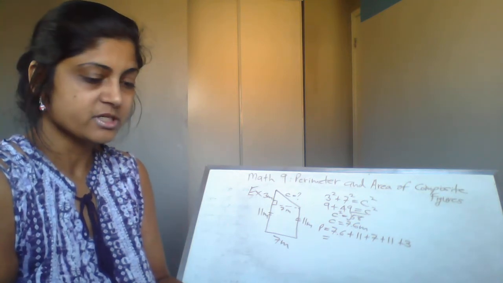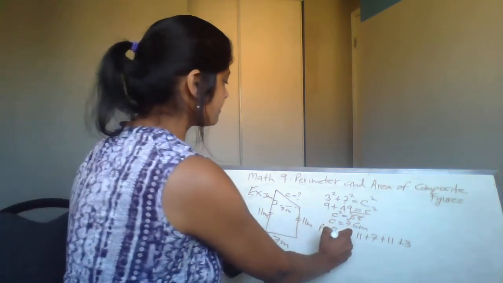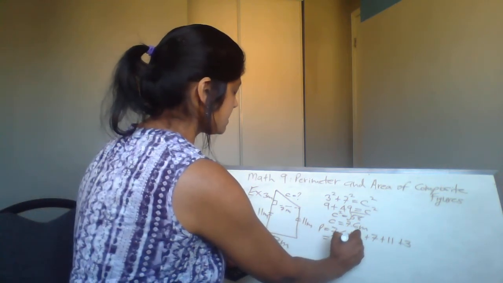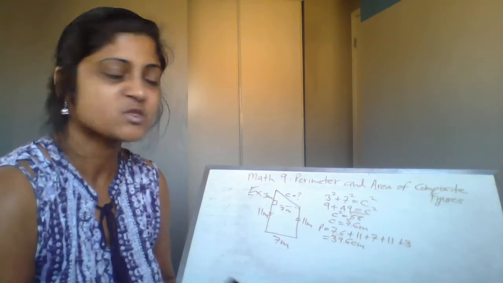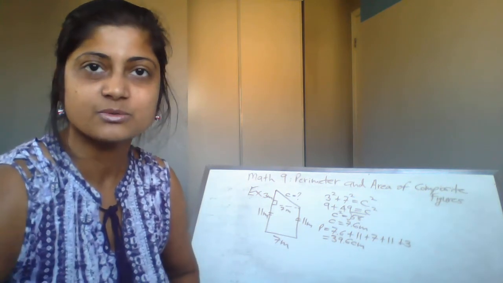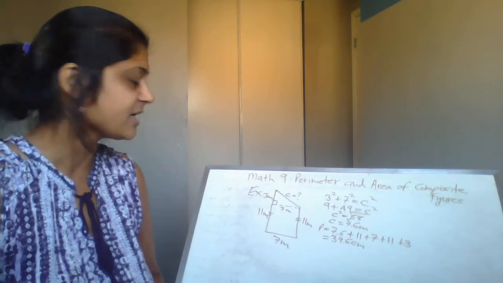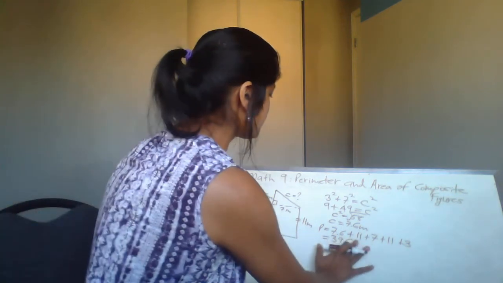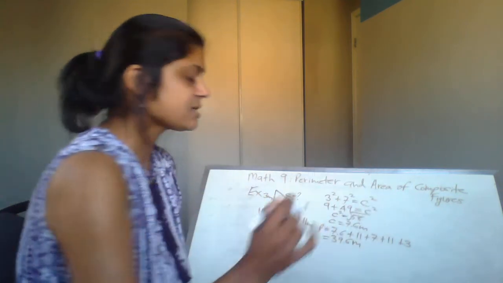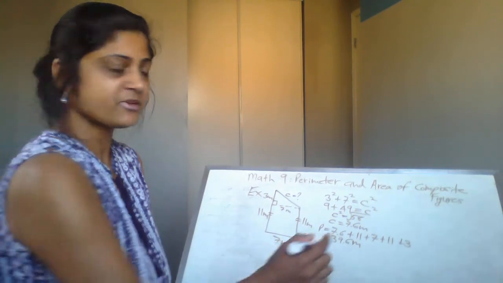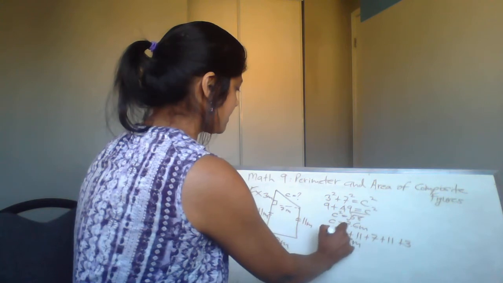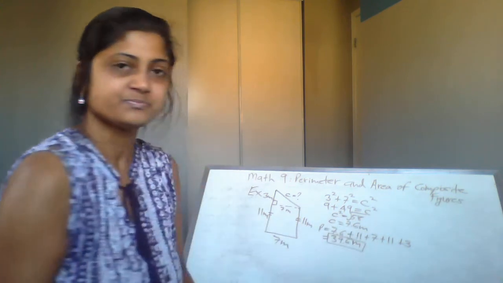So the teacher can just see where your answer is coming from. So we're getting 39.6 meters, and this is the exact value I'm getting. So I can see this is already to the nearest tenth, so we should put meters here. So this is the nearest tenth of a meter, and this is my final answer. So again, I make sure I just box my final answer.